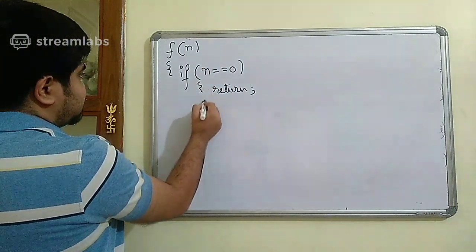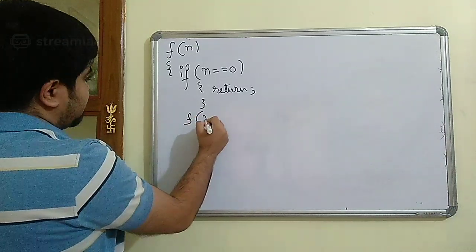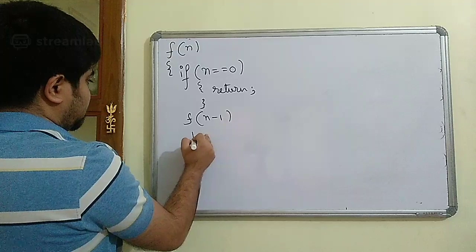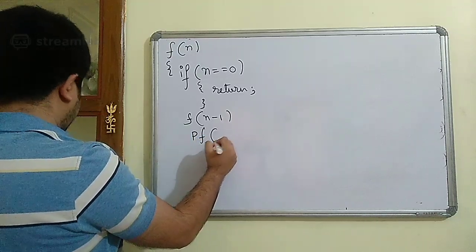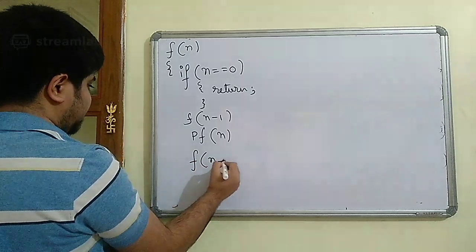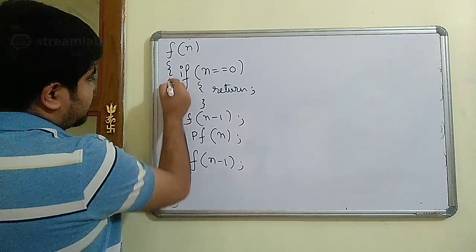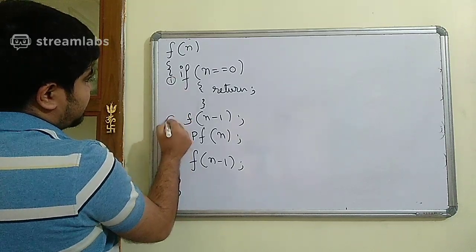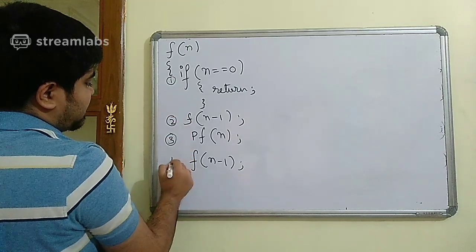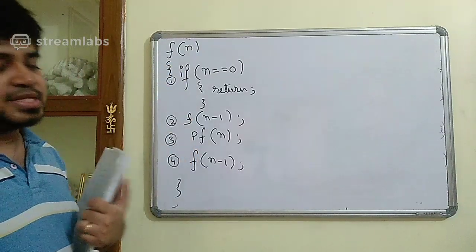So if this is the case, you do this. Else you do n minus 1, printf n, f of n minus 1. These are the lines that you're doing. This is line number 1, line number 2, line number 3, line number 4. This is a checking, and after that you're performing this.